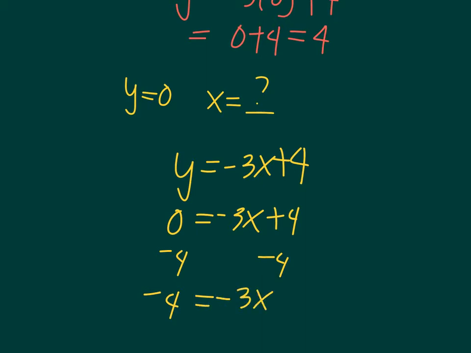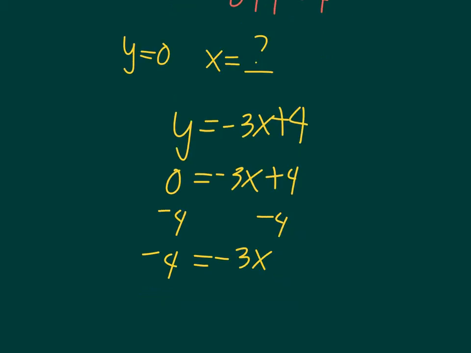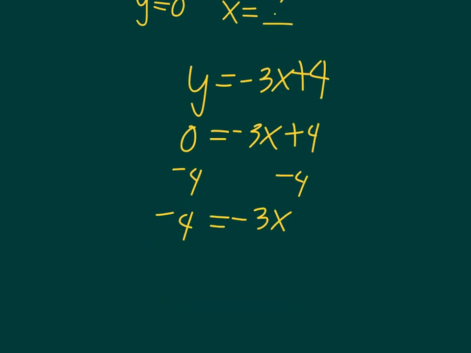So when y equals 0, x equals negative 4 over negative 3, because you divide by negative 3.